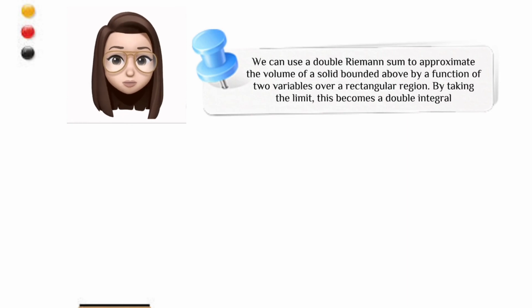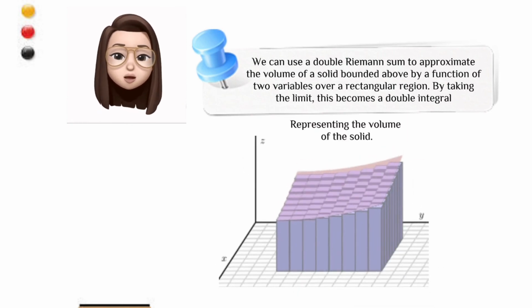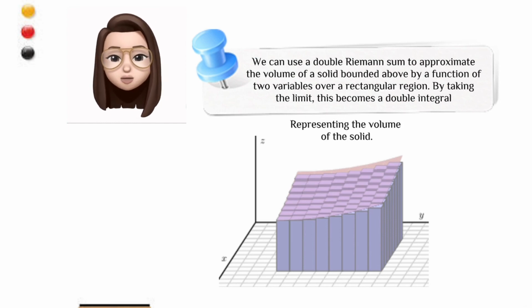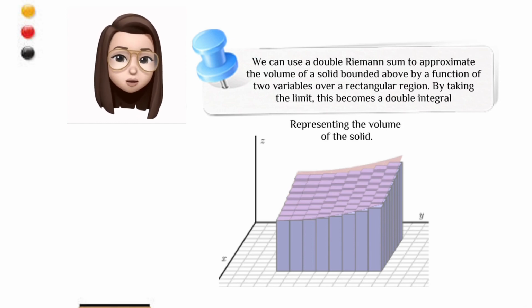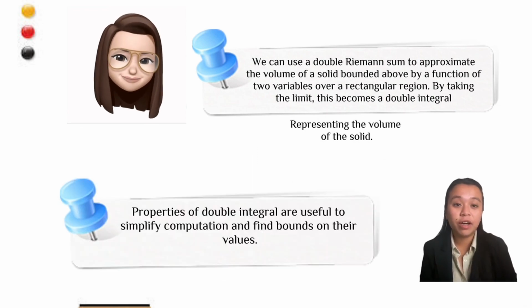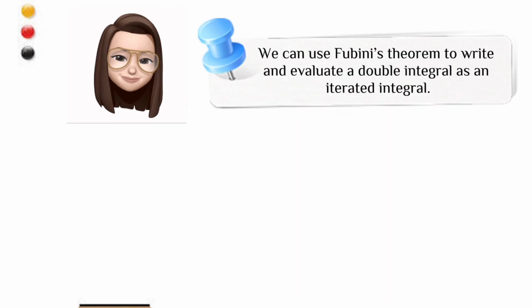We can use the double Riemann sum to approximate the volume of a solid bounded above by a function of two variables over a rectangular region. By taking the limit, this becomes a double integral representing the volume of the solid. Properties of double integrals are useful to simplify computation and find bounds on values.